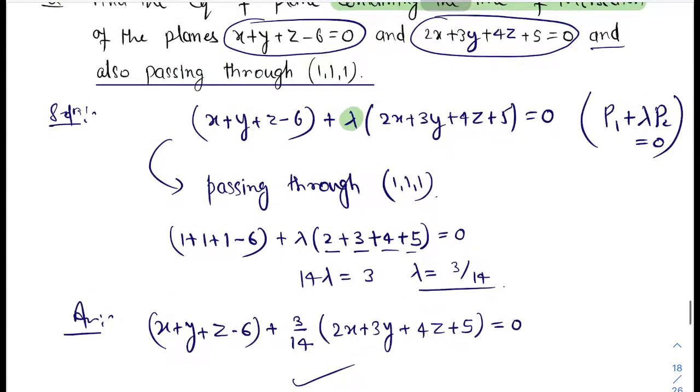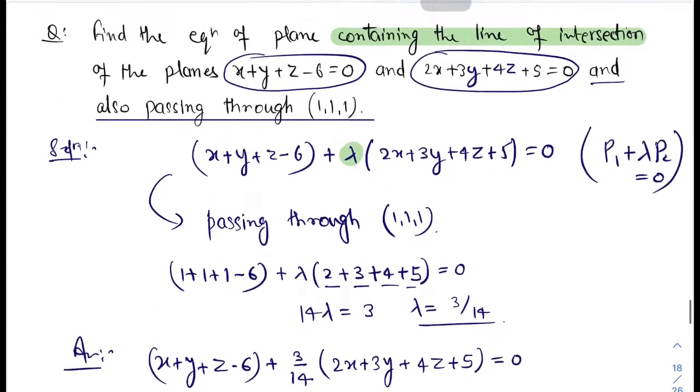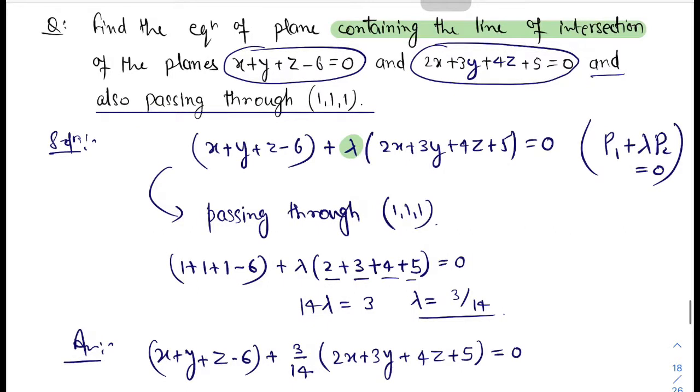So if we solve this, you will get our required plane. Okay, so this condition is used for calculating the lambda, and this condition may vary. In different types of questions this condition may vary. I am trying to make you understand some other question.